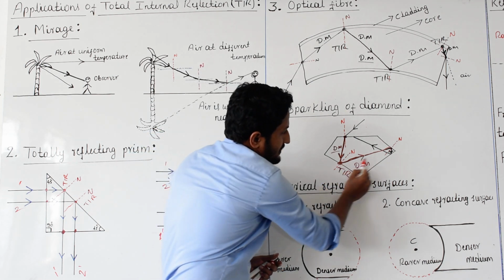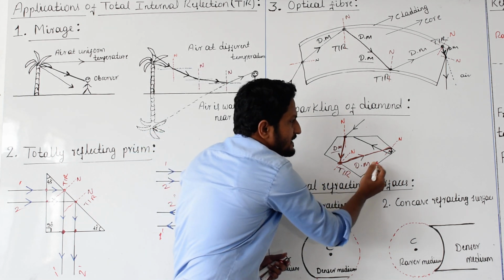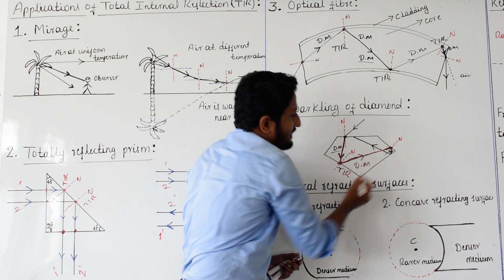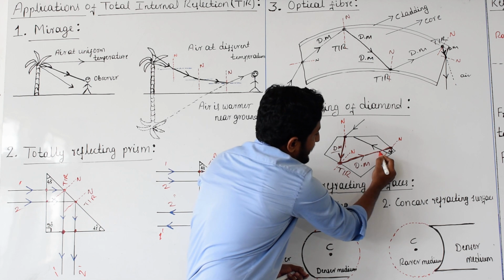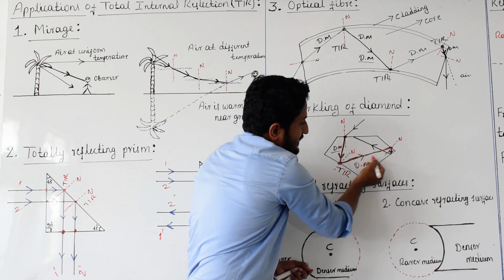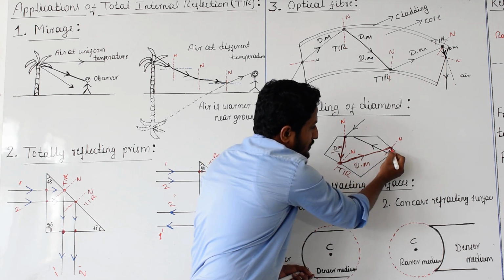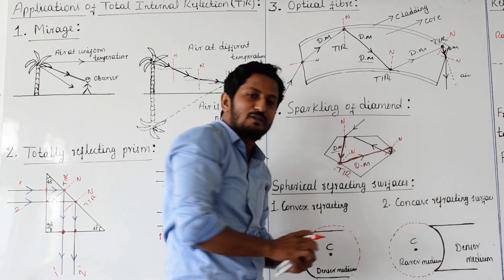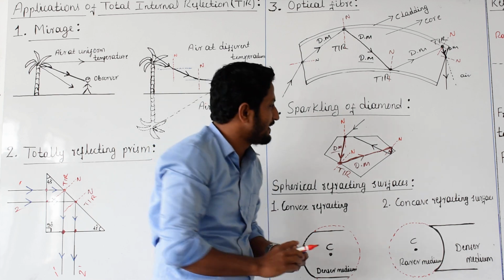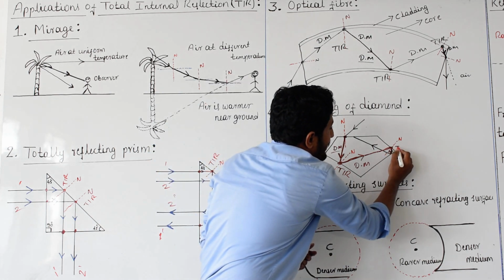Now this light coming through this denser medium hits here. Again I draw one normal. This light ray got incident here. It is moving through the denser medium and bounced back here. This one, concentrate. Again it bounced back to the denser medium only. One more TIR happened here.